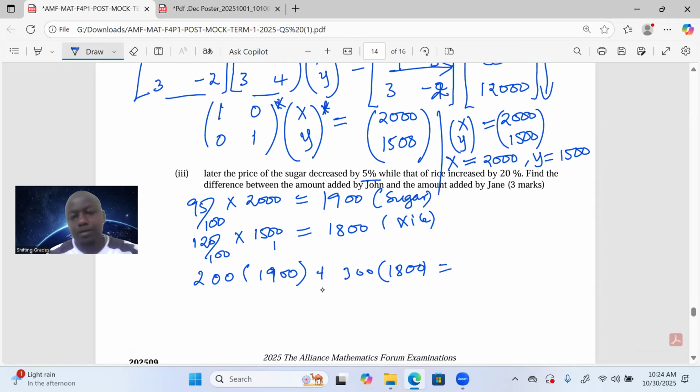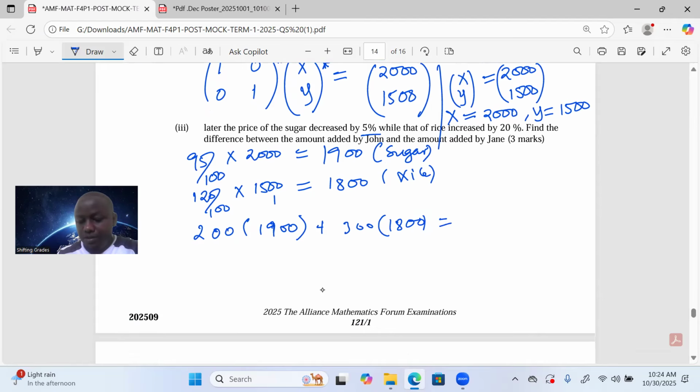So meaning that to purchase the same amount, they are going to incur different costs. This one will spend 920,000.